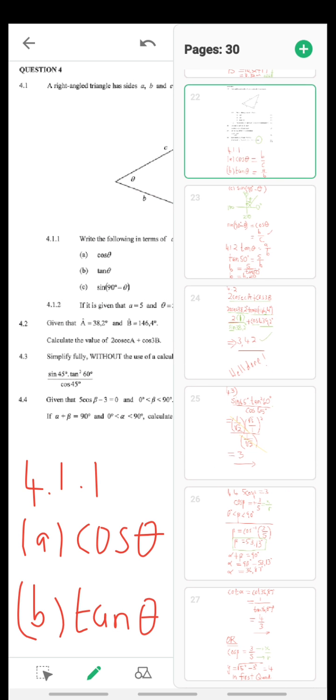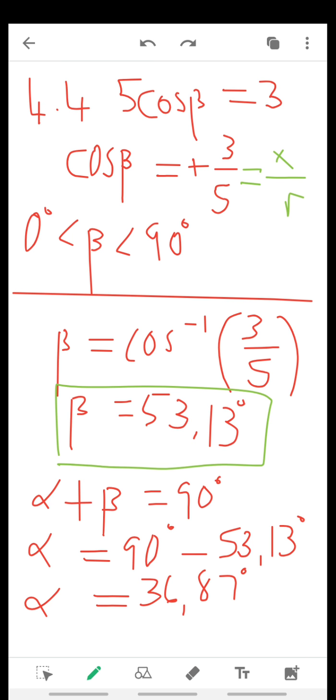Let's go to the solution and check how I've done that. Very simple. I started by first finding cos beta. Cos beta was 3 over 5, and I'm told that beta is in the first quadrant. So I found that beta was 53.13 degrees. I went to what they gave me, which was alpha plus beta equals 90 degrees. I substituted beta and found that alpha was 36.87 degrees.